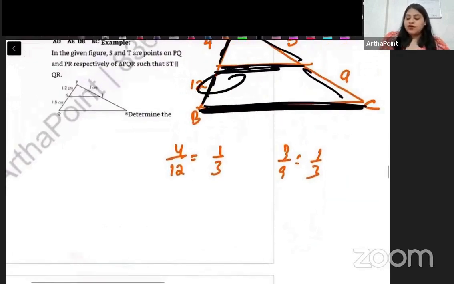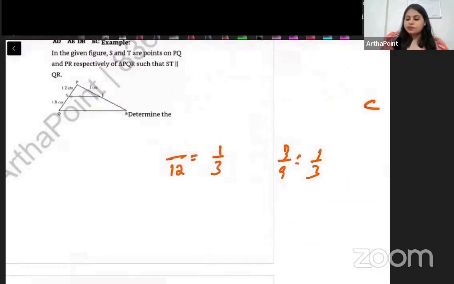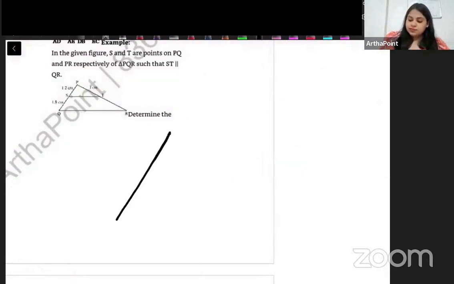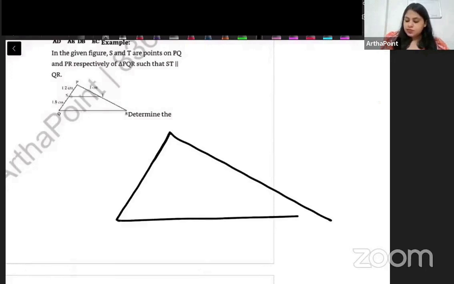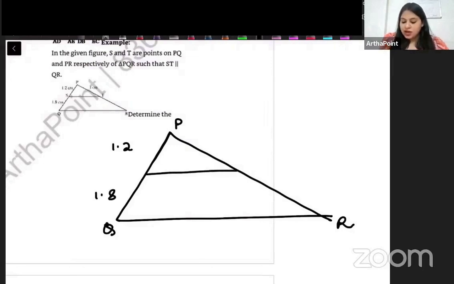Okay, now let us take the first question for the day from this triangle topic. So you are given this triangle, and this is given as P, Q, and R, and you are given that this is 1.2 and this is 1.8, and I think this is given as 3 centimeter.